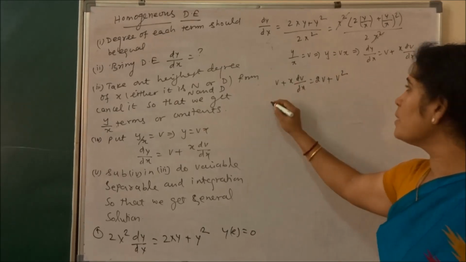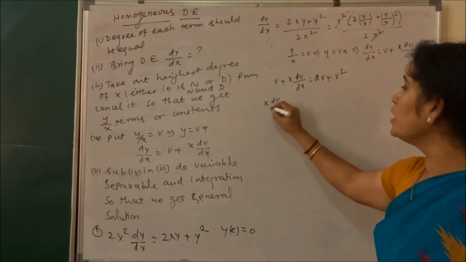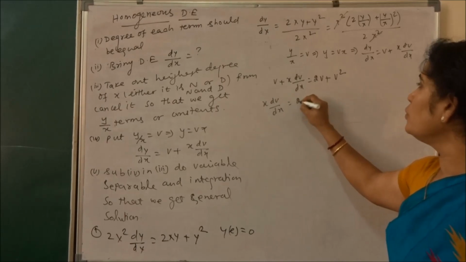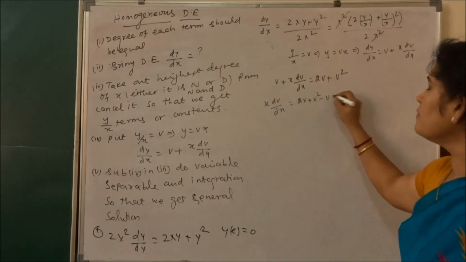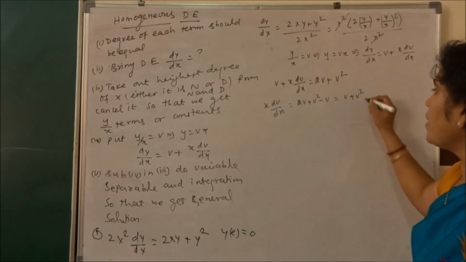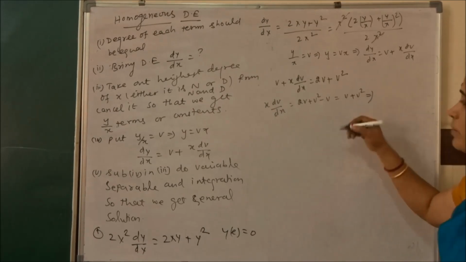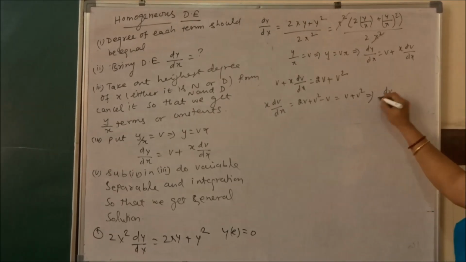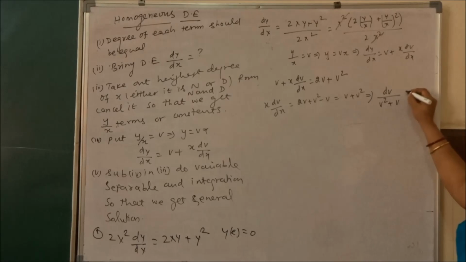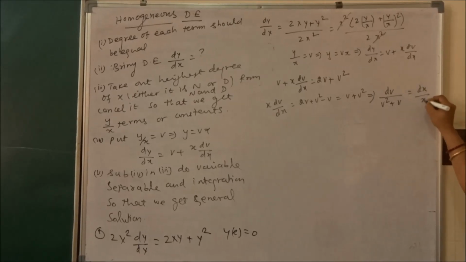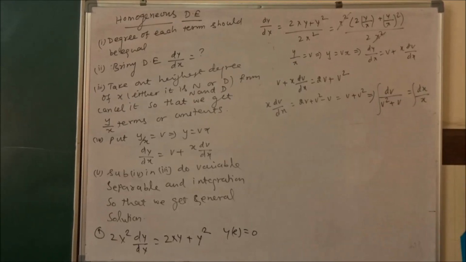Now do variable separable: x into dv by dx is equal to 2v plus v square minus v, that is equal to v plus v square. Now variable separable: dv upon v square plus v is equal to dx upon x. Now I have done variable separable.